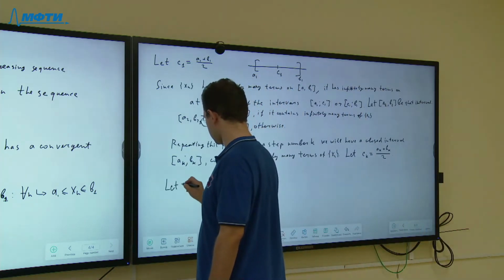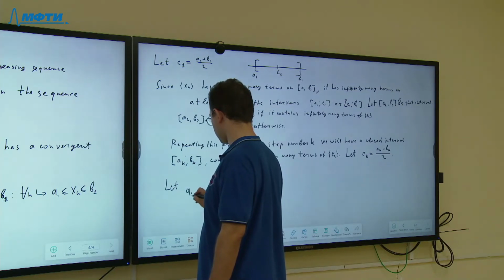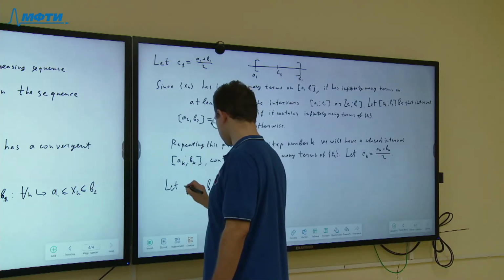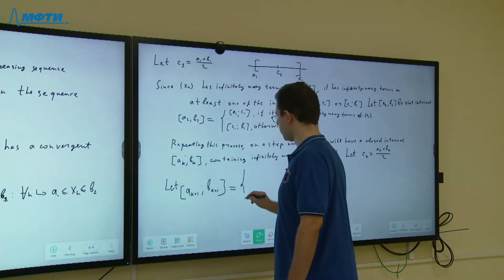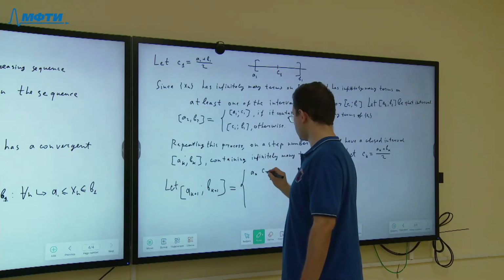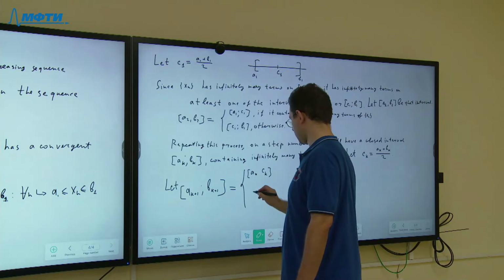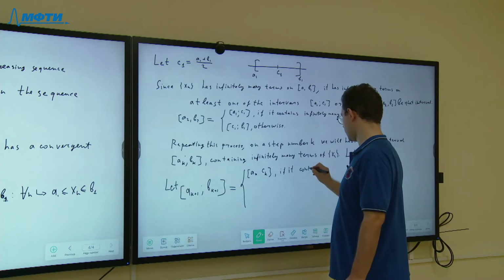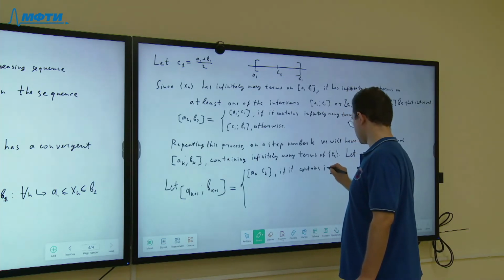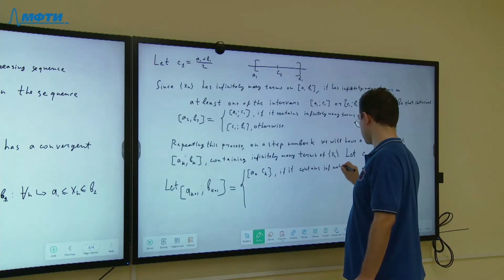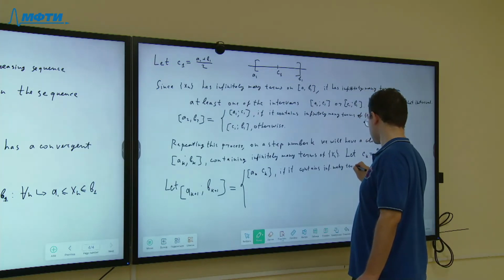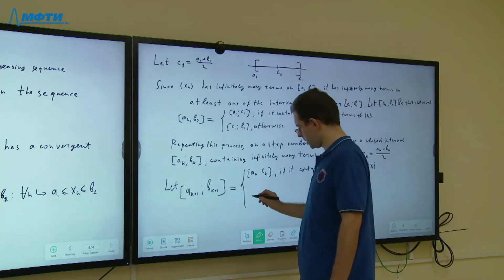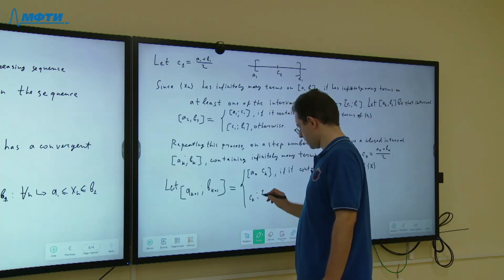Let AK plus 1, BK plus 1 be AK, CK if it contains infinitely many terms of xn, and CK, BK otherwise.